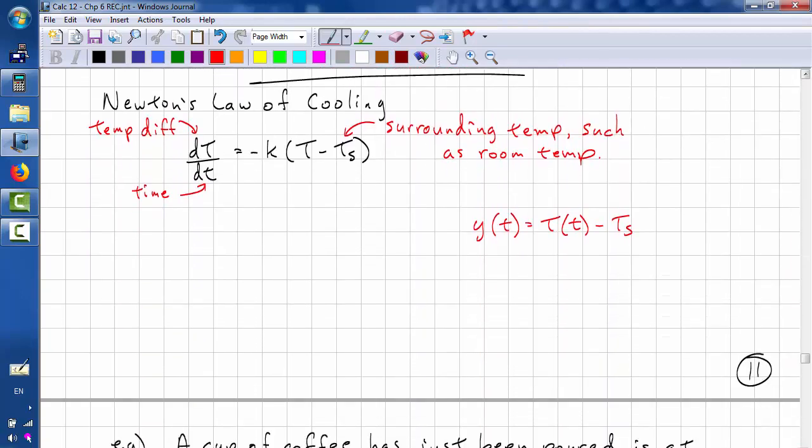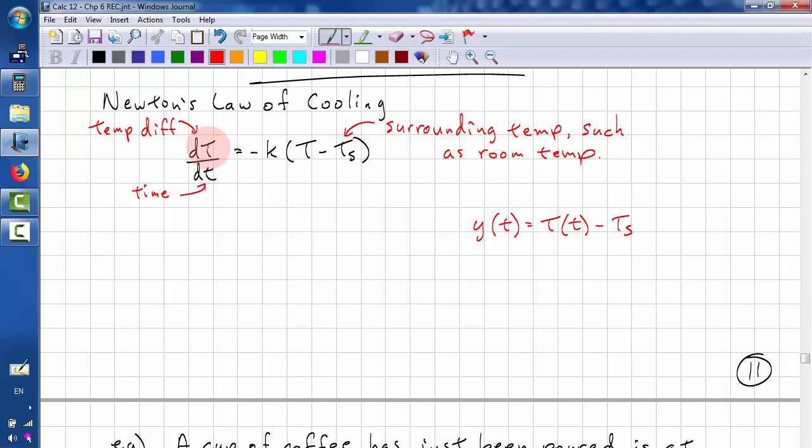Okay, so we're going to generate another formula, Newton's law of cooling. It's more complicated than half-life. So the change in temperature over time is equal to some constant factor, and we take the temperature and we subtract it by the ambient temperature or the surrounding temperature, such as room temperature.